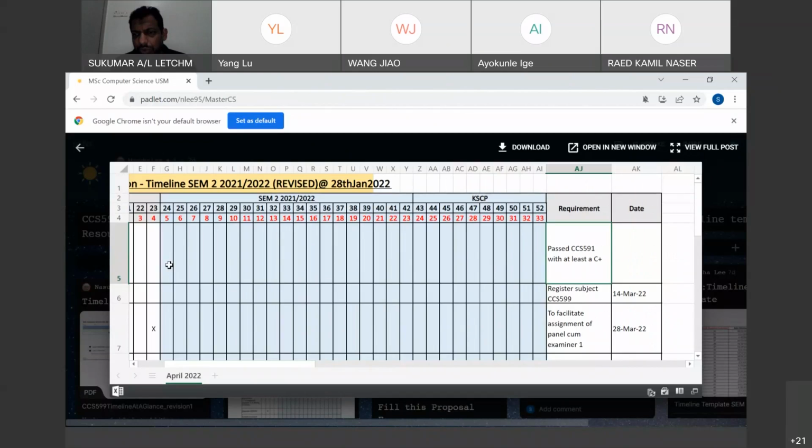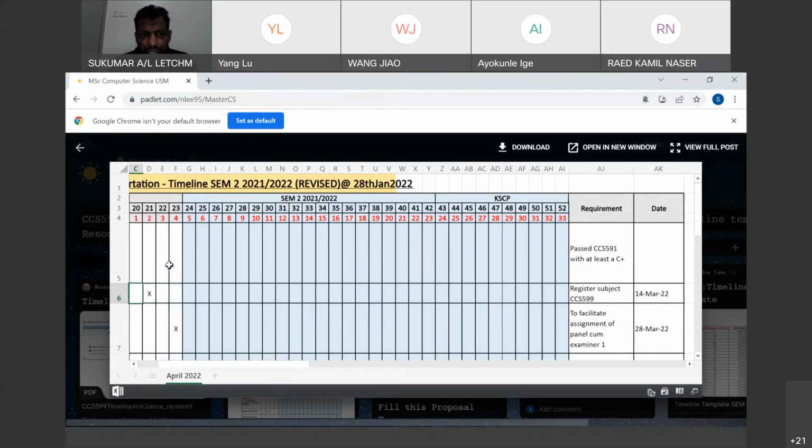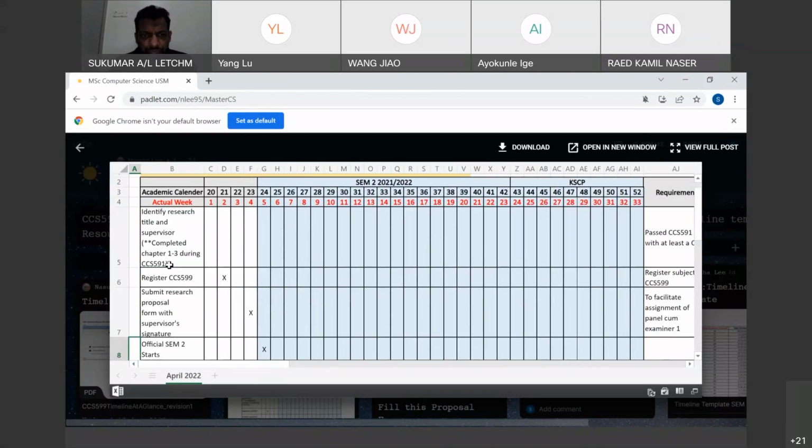What date you need to do, and when you register the subject, what is your final date to register? The reason we need you to comply with this deadline is that by the time your semester 2 officially starts, we already have your panel names. You already have your supervisor now, right?